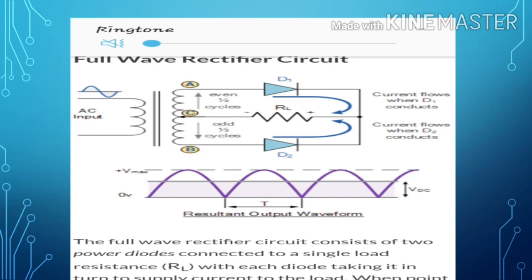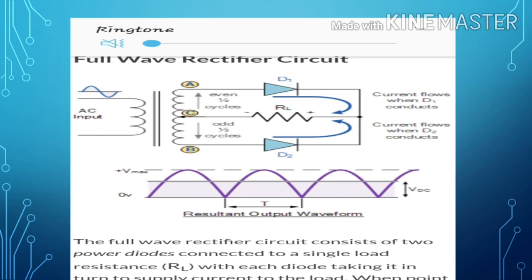That is, if the diode is conducting in the positive half cycle, we will get output during the positive half cycle only. Then in the negative half cycle, we are getting no output. That is, the output voltage is 0 here. Again for the next positive half cycle, we are getting the output voltage.